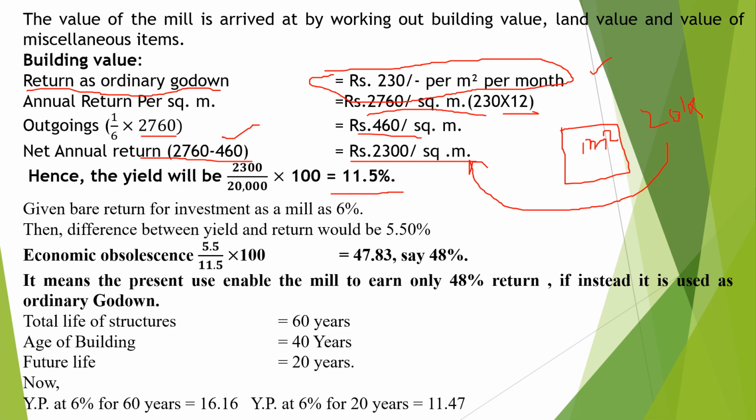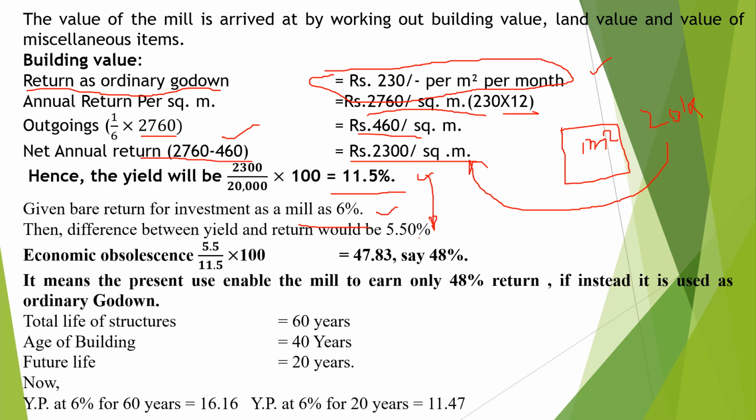So if you give it on rent in the form of a godown, you will be getting an income of 11.5%. But from this manufacturing unit, you are getting only a return of 6%. So there is a loss of 5.5% in your income.